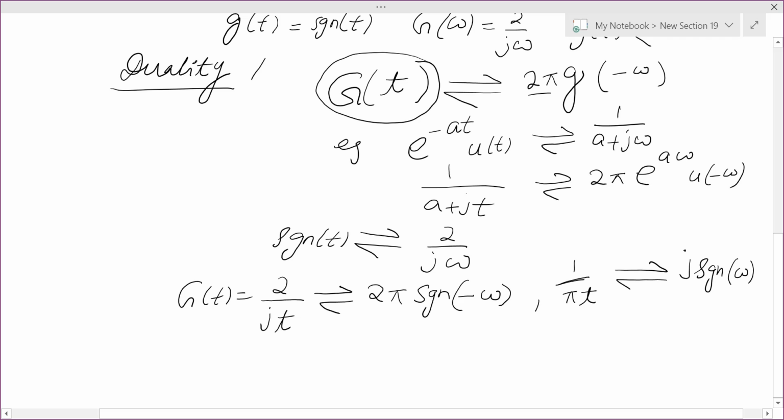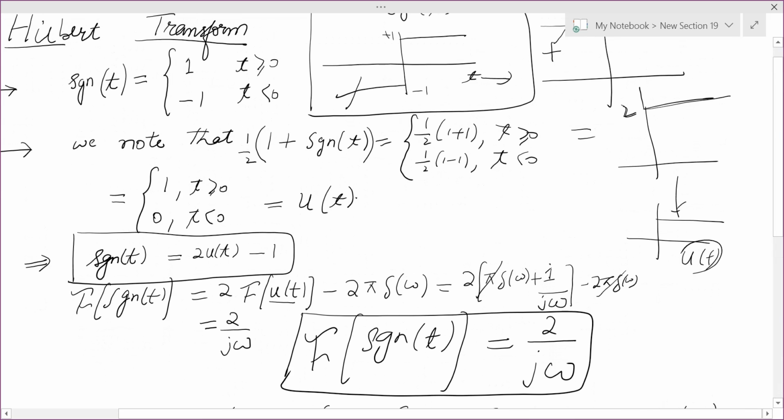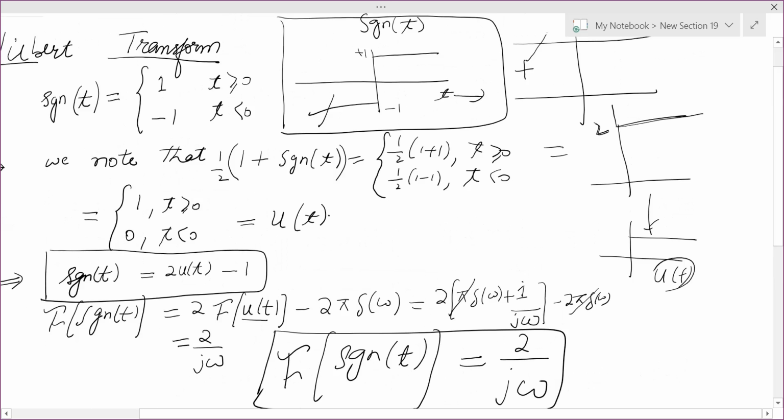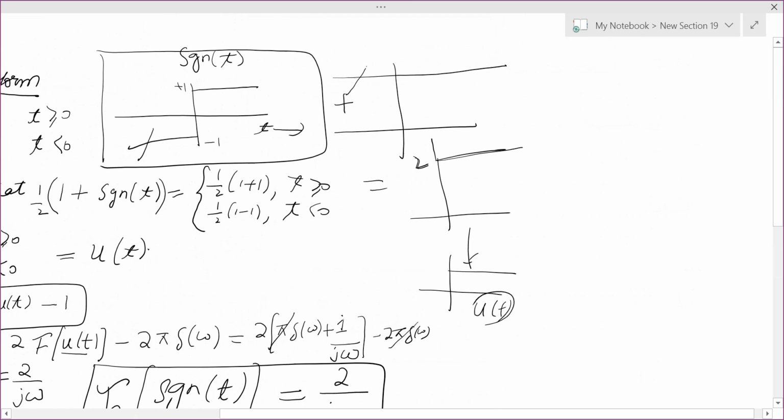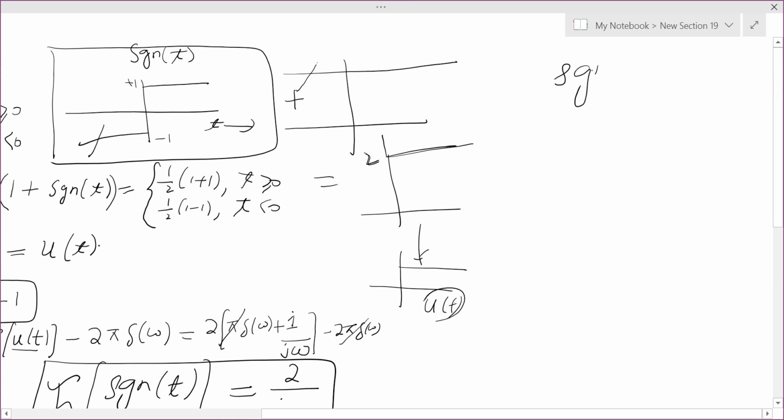Sorry, I think signum is an odd function. Let me just see. Signum is an odd function, because if you do signum of minus t, that will become 1 when minus t is greater than or equal to 0, and minus 1 when minus t is less than 0.